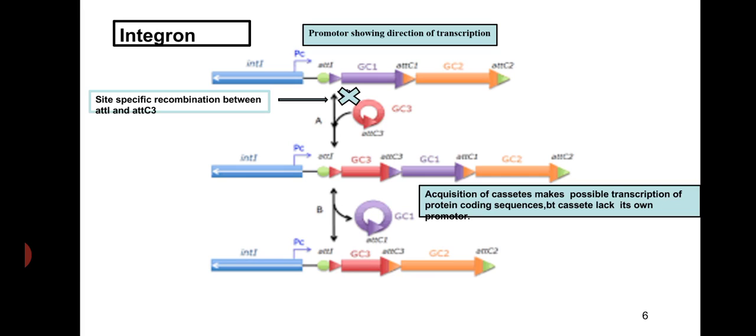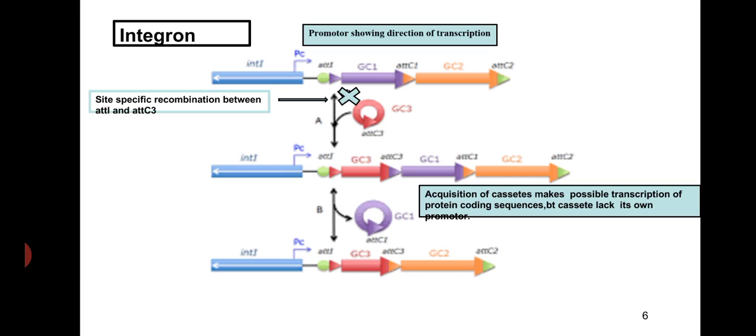This figure is showing the incorporation, or the site-specific recombination, of gene cassettes in the integron. Here you can see in this figure the intI gene, that is the integrase gene, in blue color.